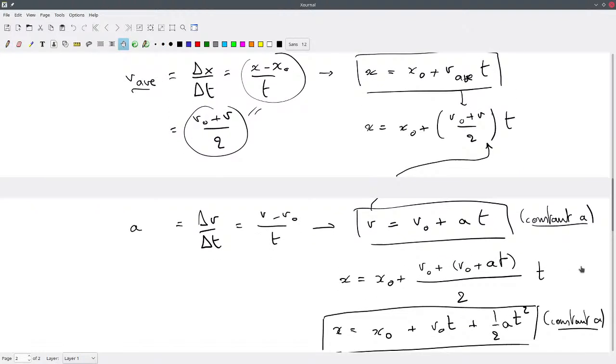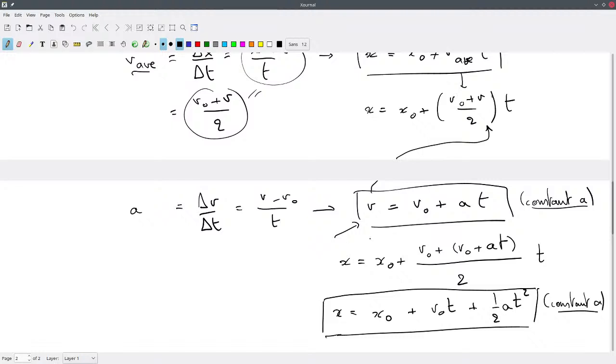Okay, so there's one more formula that we need to derive here, and that formula starts off from this expression here, where we write the velocity in terms of the initial velocity plus the acceleration times the time, and we use it to derive the time.